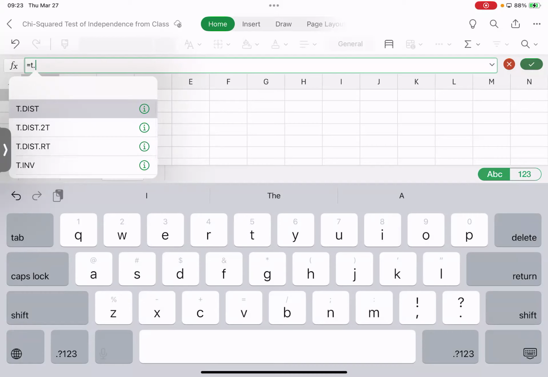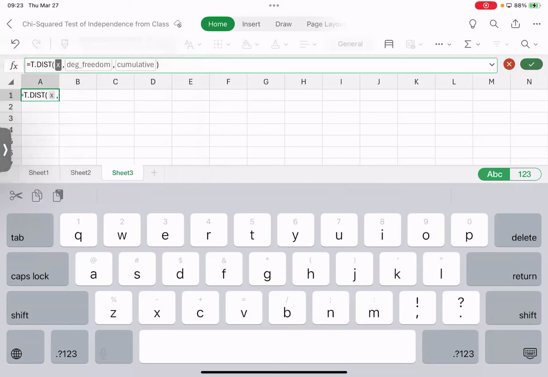You can see that the t distribution is used a lot more frequently than the norm.s.inverse and norm.s.dist. We've got the two tail, the right tail, all those things. And so t.dist needs x, which should probably say t, but that's okay.